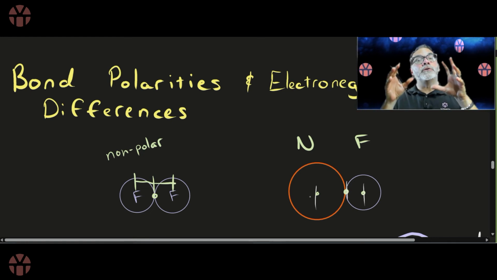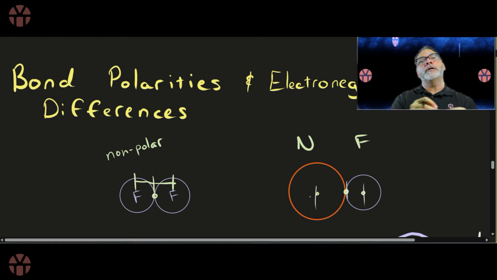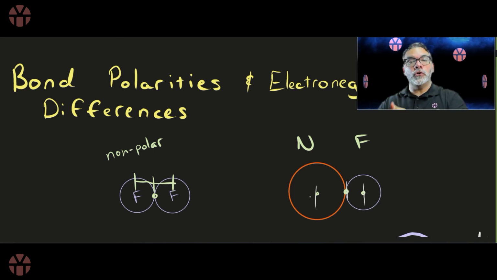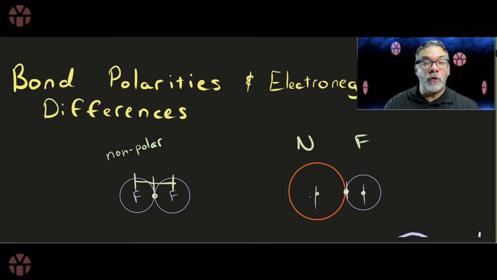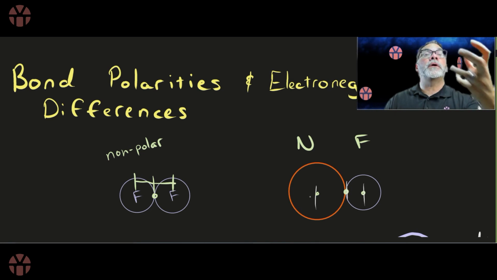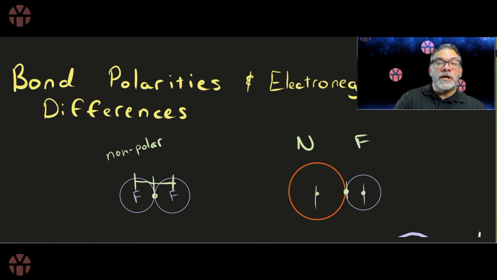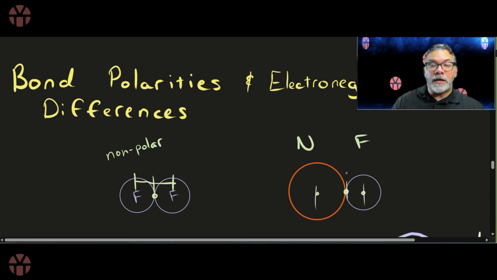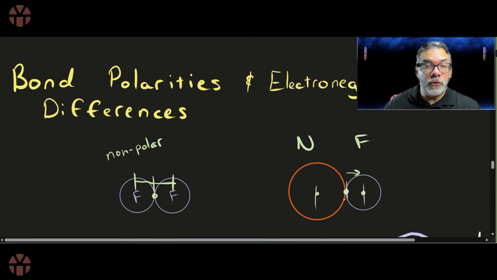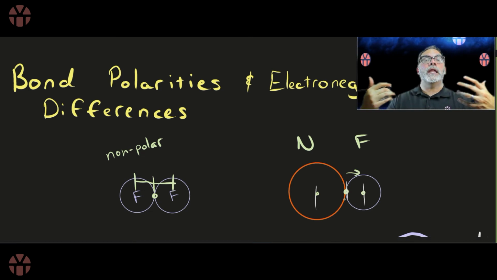And as a result, because the valence electron is closer to the nucleus of fluorine, let me say it a different way, because fluorine has a greater electronegativity, that means that we're actually going to see the fluorine nucleus tug on this electron. And it's going to tug on that electron enough such that it's actually going to cause the electron cloud to skew. It's going to cause the electron cloud to shift.